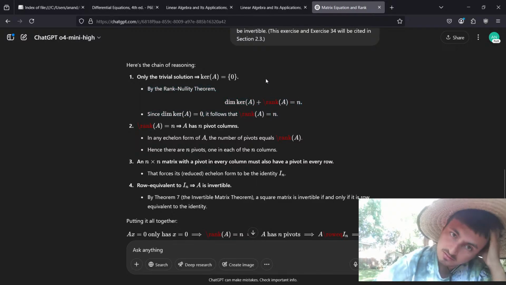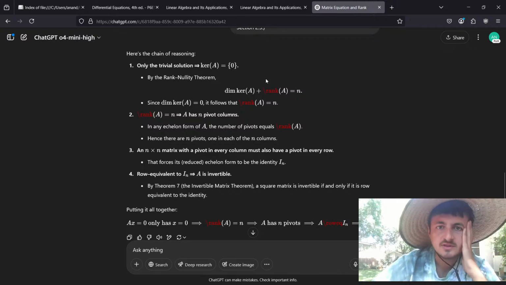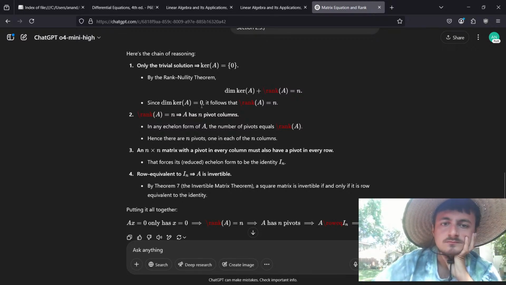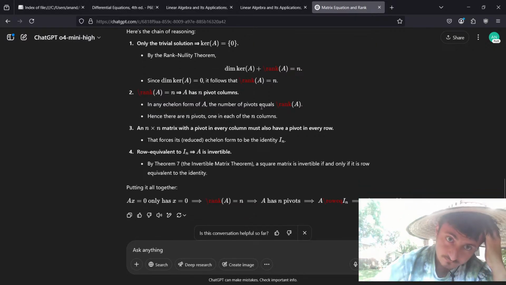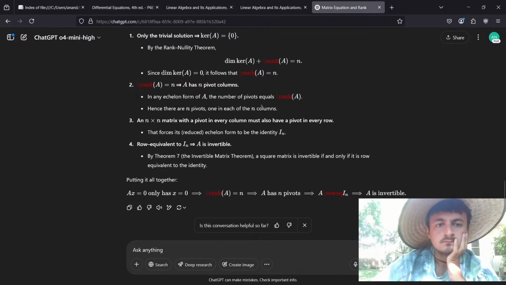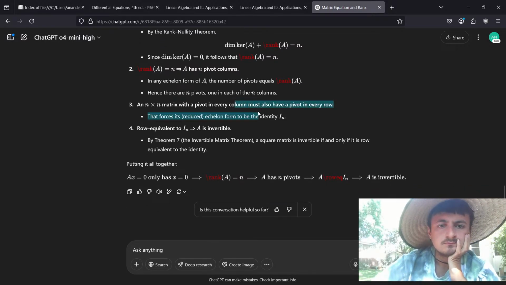The dimension of the kernel, I mean, this is beyond what we've done, but that's fine. All right, so that's how they do it.